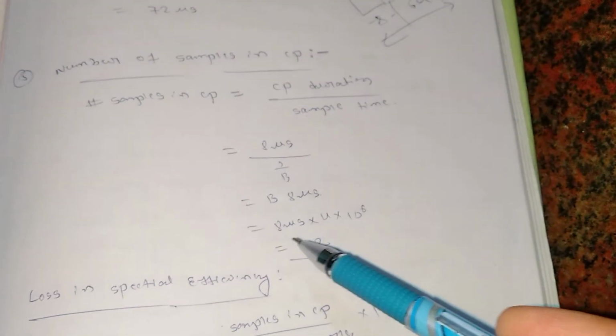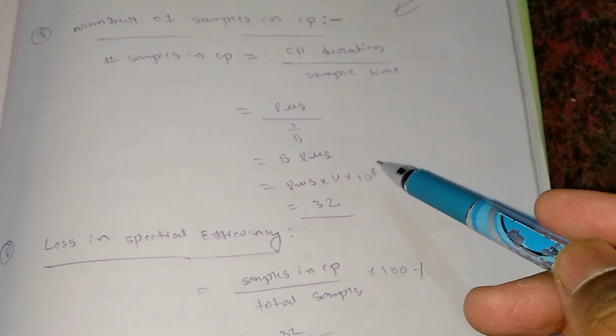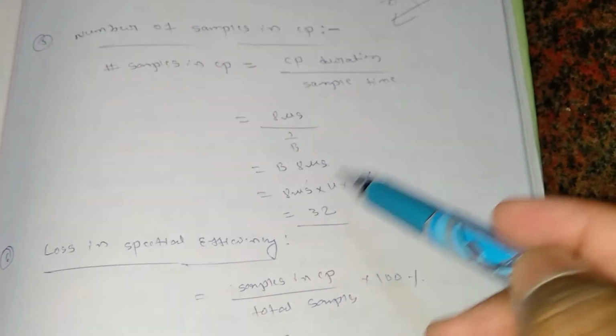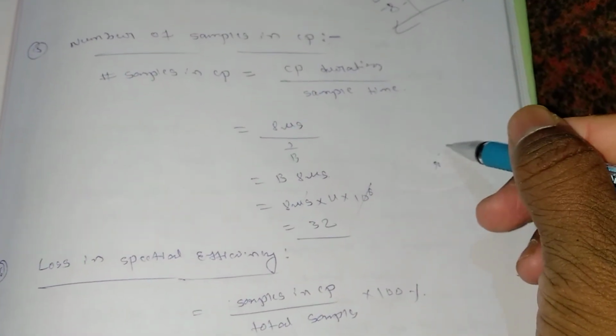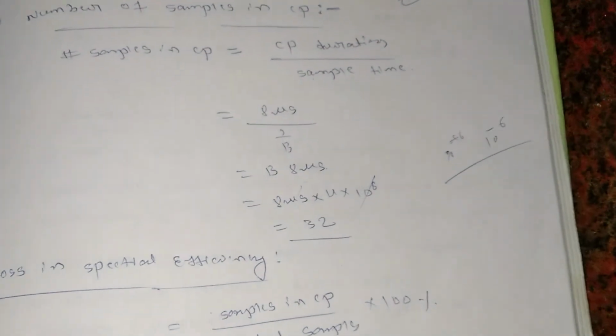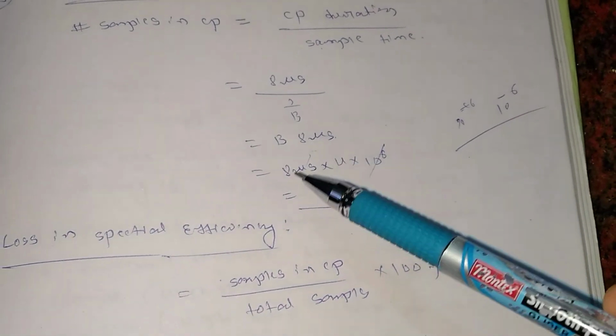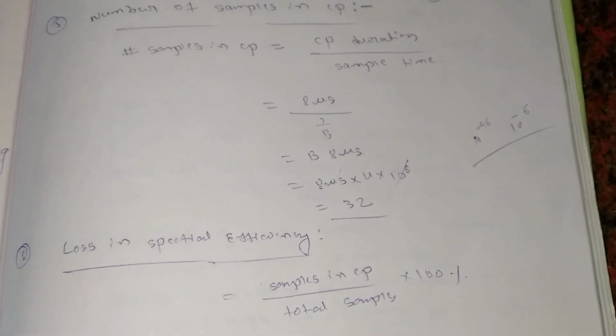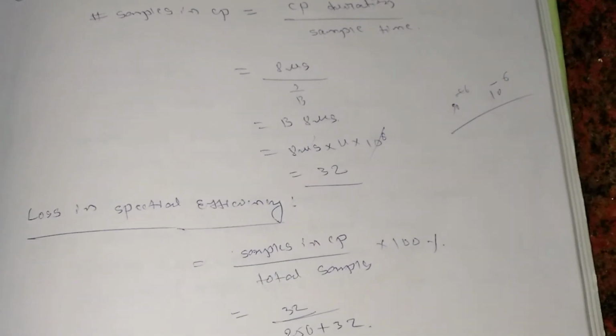So 8 microsecond into 4 megahertz. So this mega and micro will cancel because mega is 10 to the power plus 6 and micro is 10 to the power minus 6. So they will cancel each other and will be left with 8 4s, which are 32. So the number of samples in the cyclic prefix are actually 32.